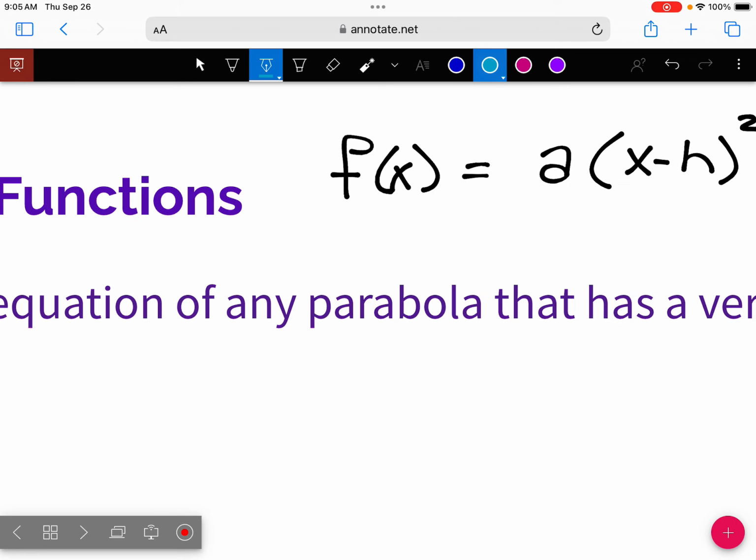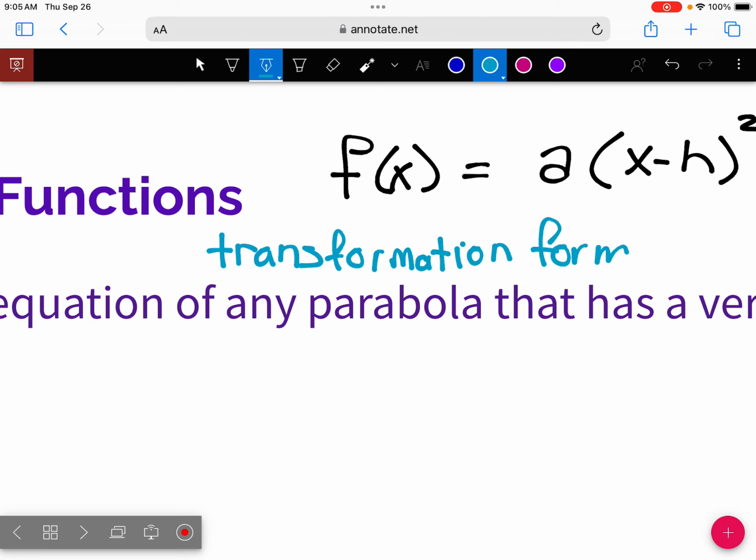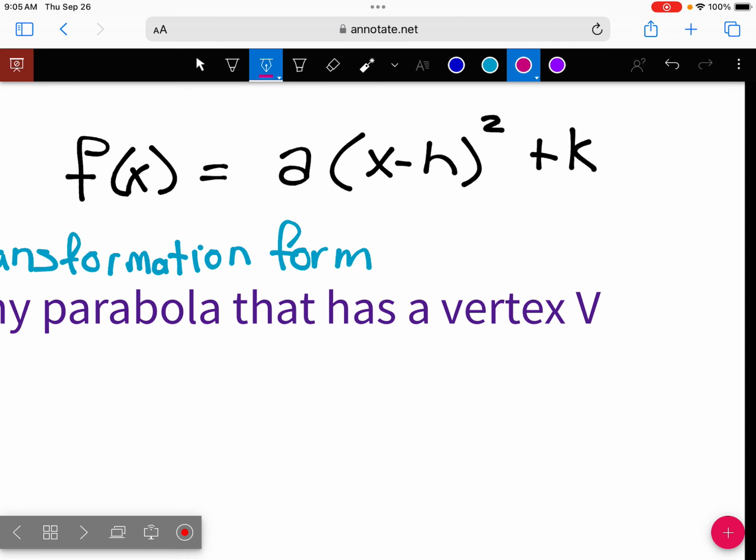Because this could be called our transformation form, or it has another name. Remember what it is?